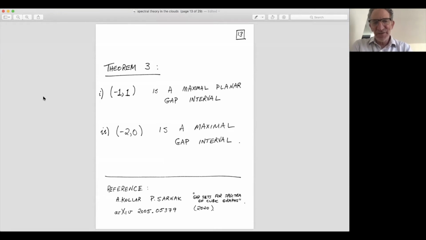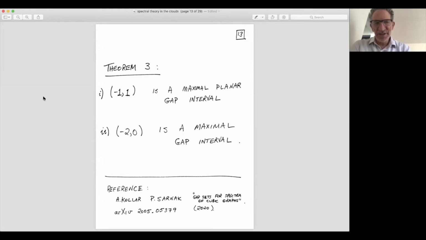So there's an interval of length 2, (-1, 1). There's an infinite sequence of planar graphs which has no eigenvalues in (-1, 1). And the only other such interval we know is (-2, 0). There's an infinite sequence of graphs, we don't know that they can be made planar, such that (-2, 0) is free of eigenvalues.